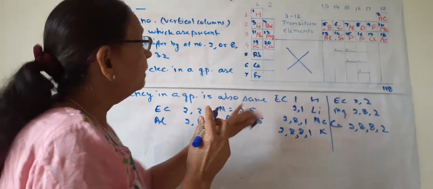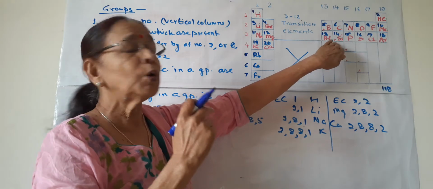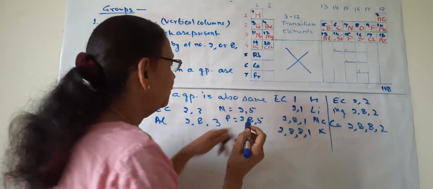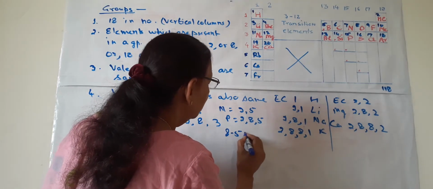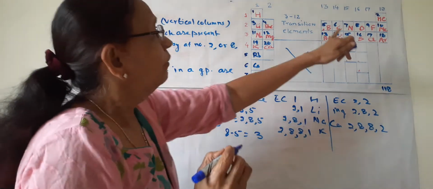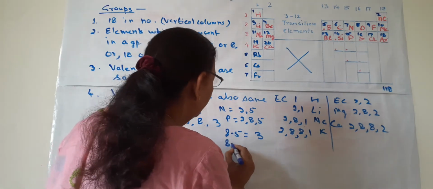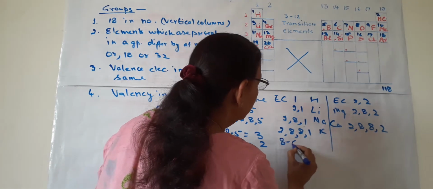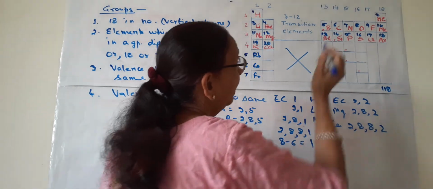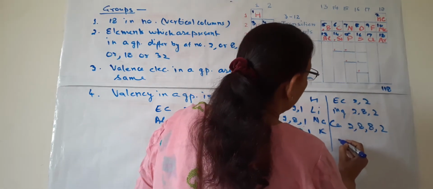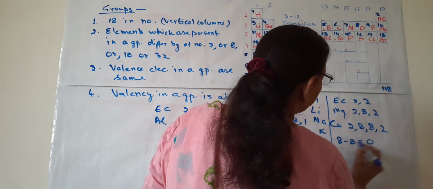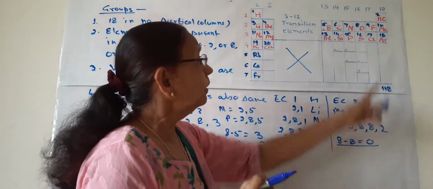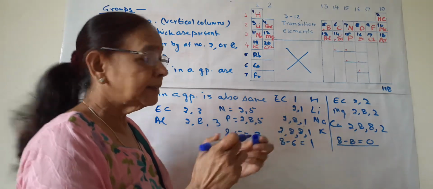We know that when electrons are more than 4, we subtract the number of electrons from 8. So for nitrogen and phosphorus, the valency is 3. For oxygen and sulfur, the valency is 2. For fluorine and chlorine, the valency is 1. And for noble gases, the valency is 0. They have a complete octet of 8, so they are inert and noble and the valency is 0.